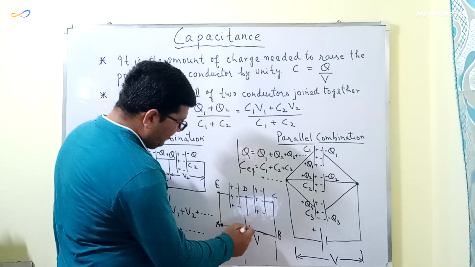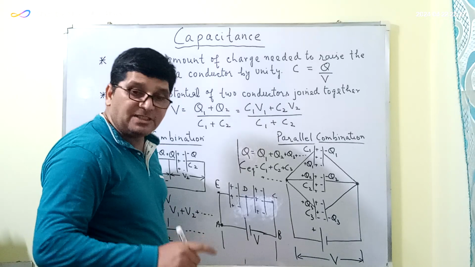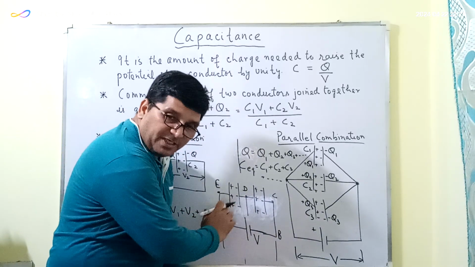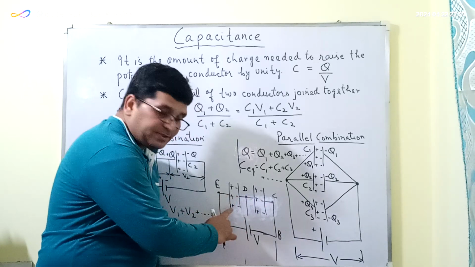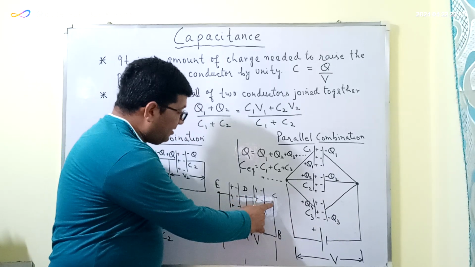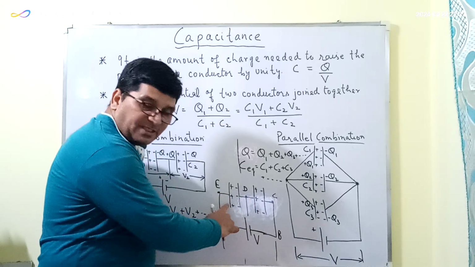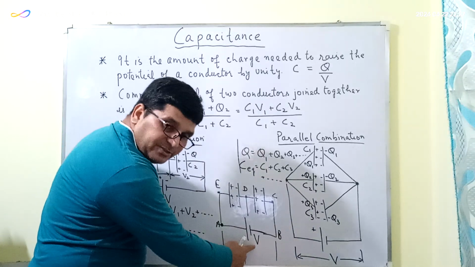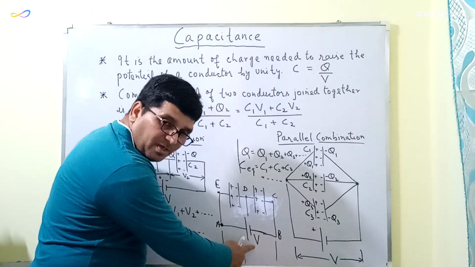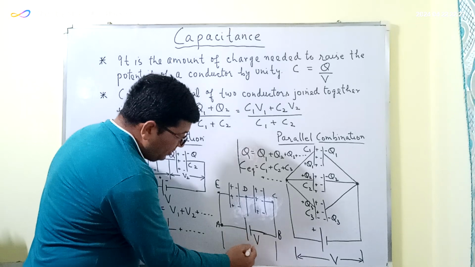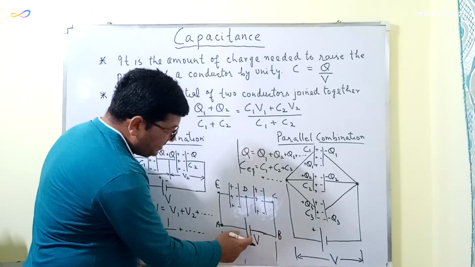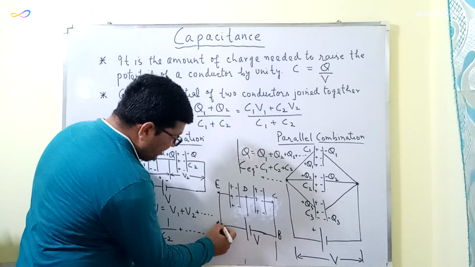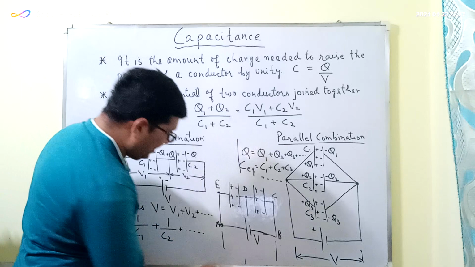Now here you can see, in the case of the series circuit, the potential difference across the ends of these two capacitors will be equal to what? See, this is an external voltage source, this is a battery. So the potential difference across this battery is V. So the potential difference across AB will be equal to V here.